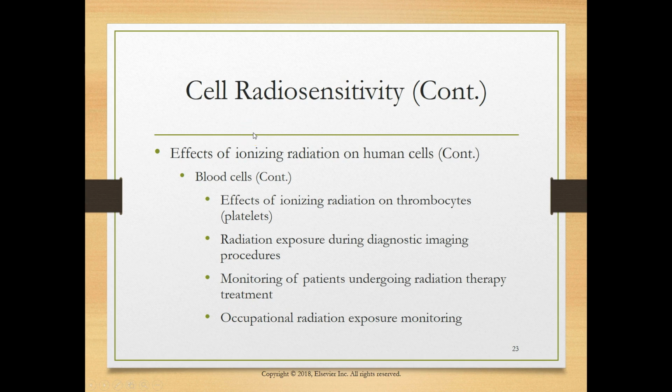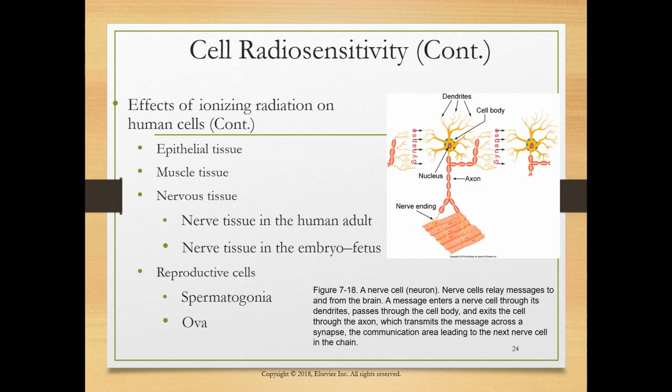Also platelets, you lose your ability for clotting. Okay, this is more types of cells that are radiosensitive, epithelial tissue, and that is because they are constantly regenerating, which makes them very radiosensitive.